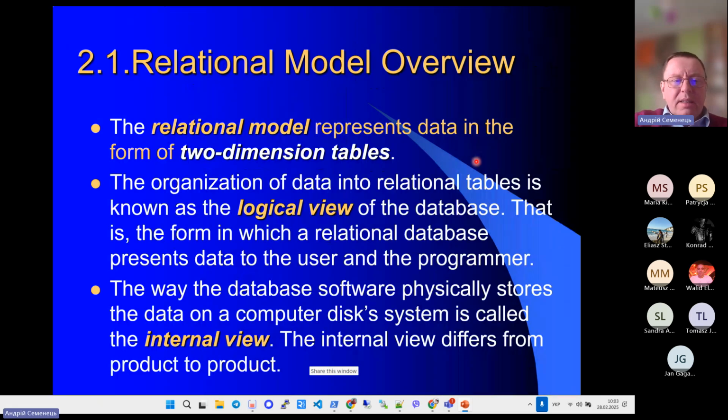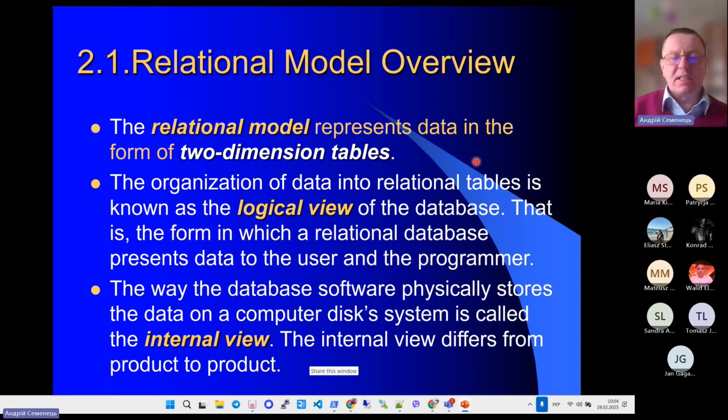As I already said, relational databases represent data in two-dimensional tables, and we have to understand that it's a logical view of the database. With the logical view, it's important to understand how that data is aligned onto actual data storage. It will be defined by the relational database management system, the software which is responsible for managing physical storage.